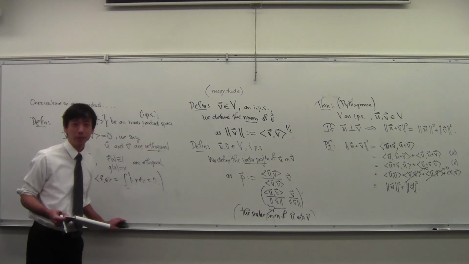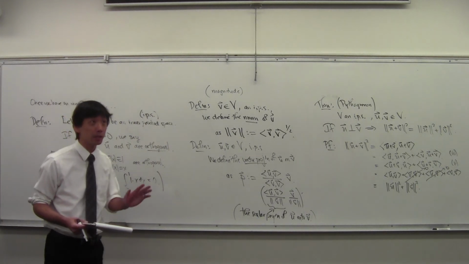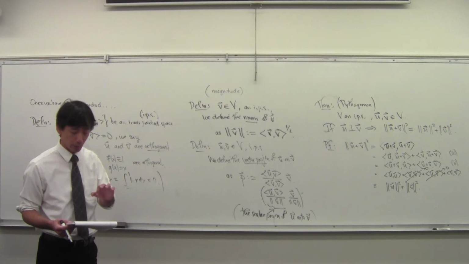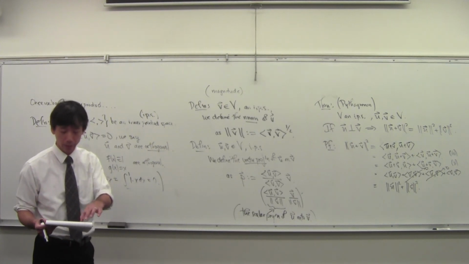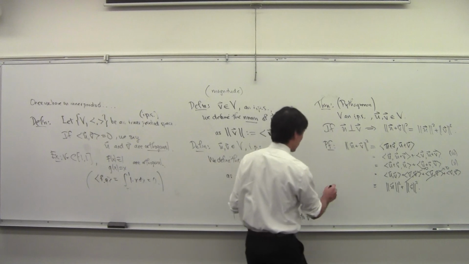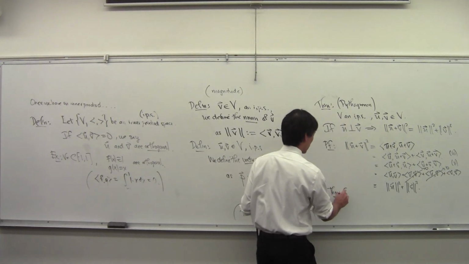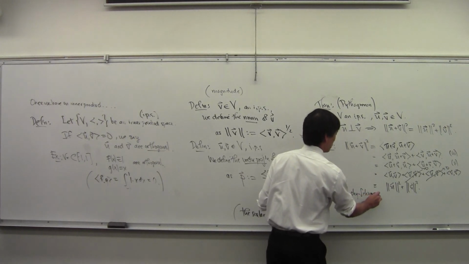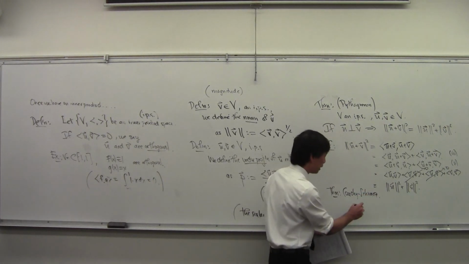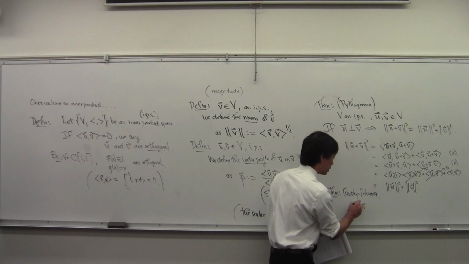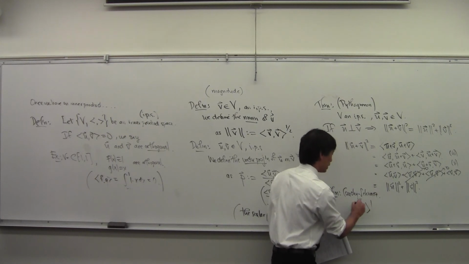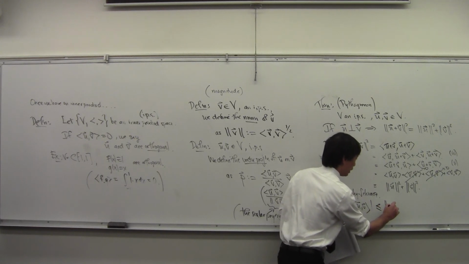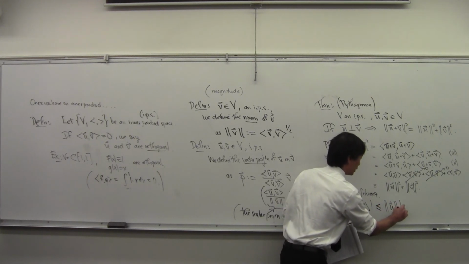Okay, everybody okay? Actually, I'm going to stop there because the next thing we're going to do is the Cauchy-Schwarz inequality. Remember what that says: the size of the inner product is controlled by the product of the magnitudes.